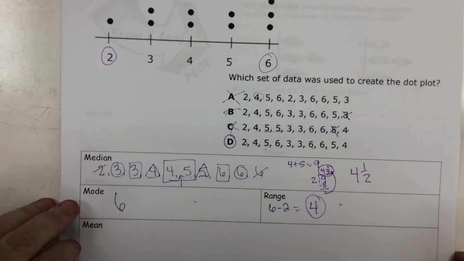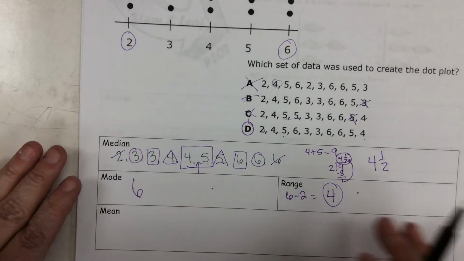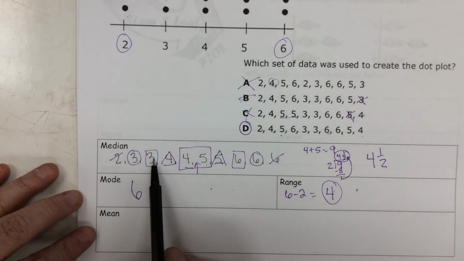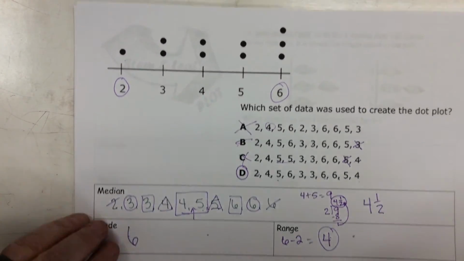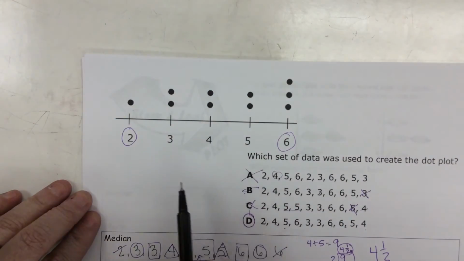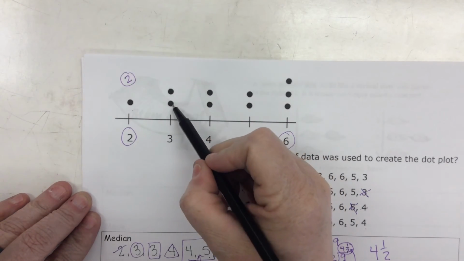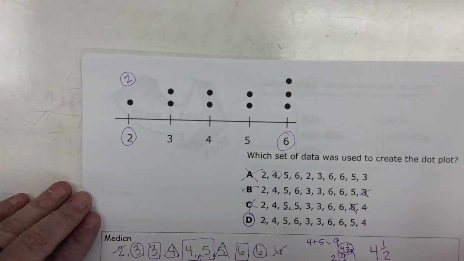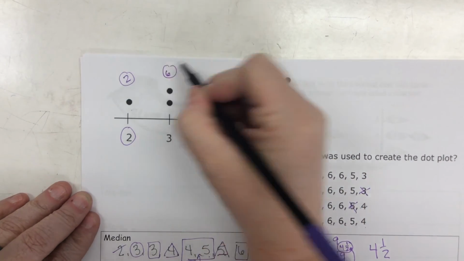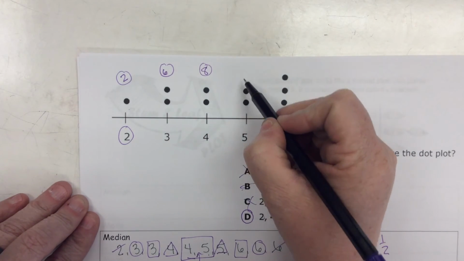Okay? So for the mean, I have to add up all my numbers. Now, one way to do that, if you're working with a graph, I could add these individually. But something I like to do that may be a little easier is to add up each column. This one is worth 2. Each of these are worth a 3, so that's 3 plus another 3, which is 6. This is a 4 and a 4, so it's 8. A 5 and a 5 is 10.